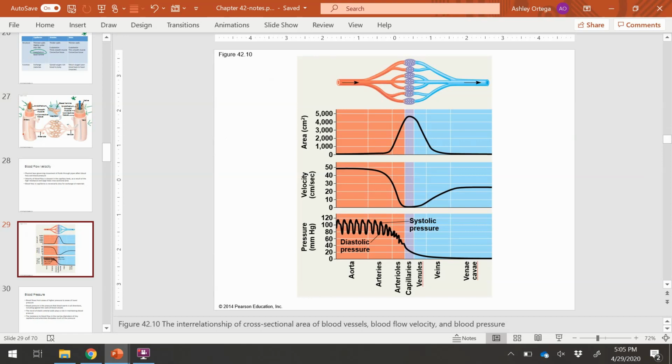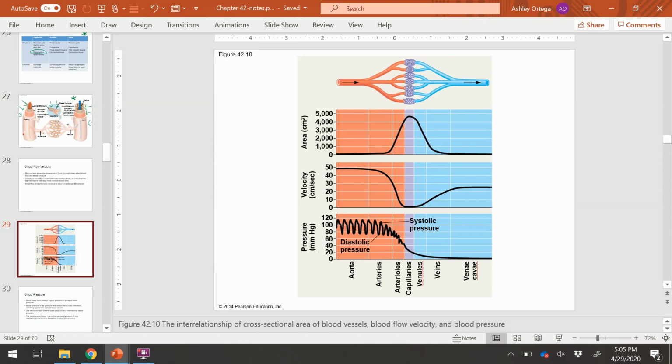Velocity is very high starting out, but when it reaches the capillaries, it's going to die down. Think of traffic: the velocity going through the arteries is very high, so very little traffic on those roads.